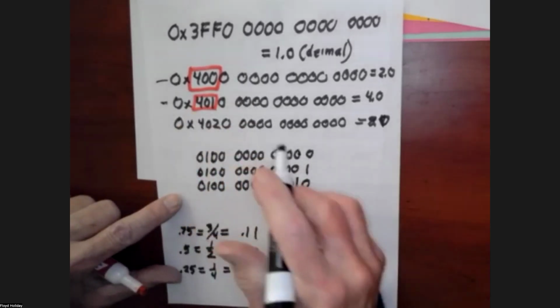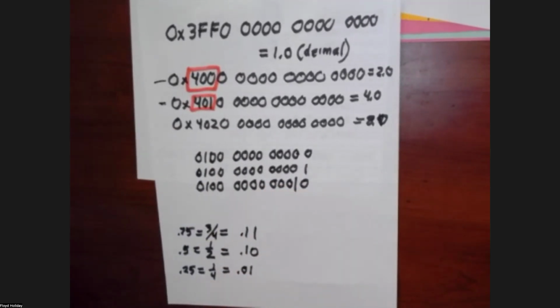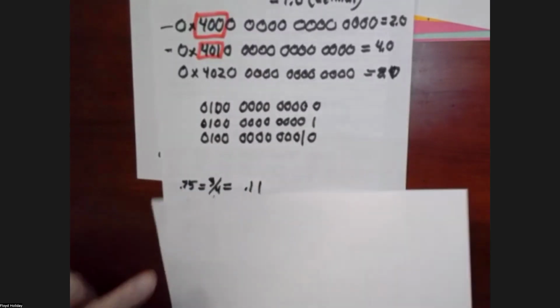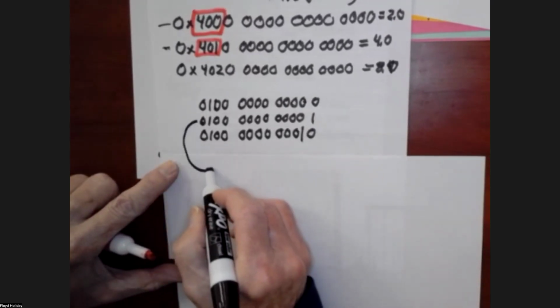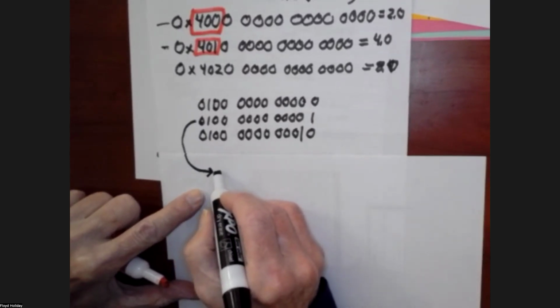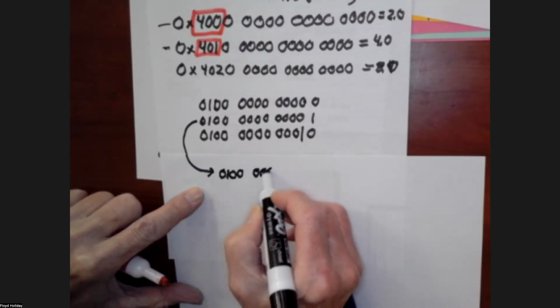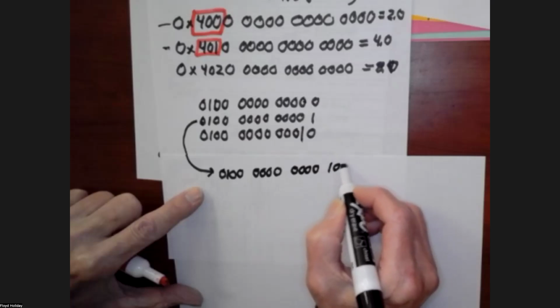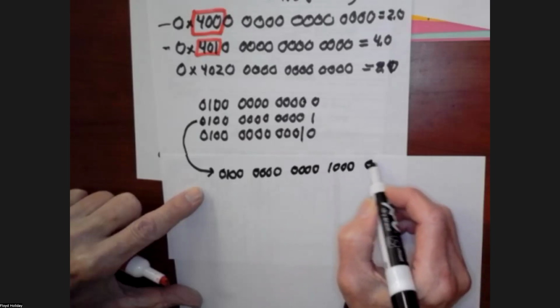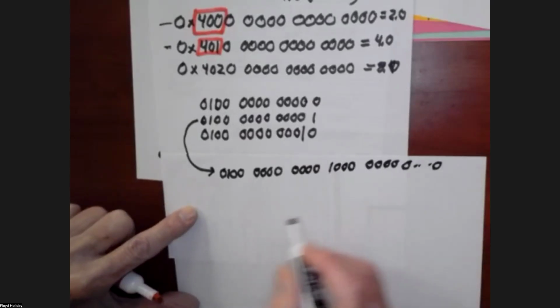The number in between has this as its starting expression, and that's a 3.0. I'll conclude with this. I'm going to take this first one and repeat it: 0, 0, 0, 1, 2, 3, 4, 1, 2, 3, 4, 1, 0, 0, and so on, all zeros to the very end.